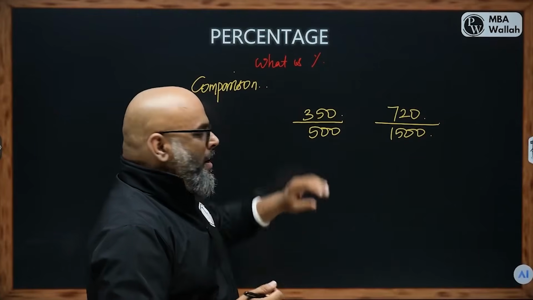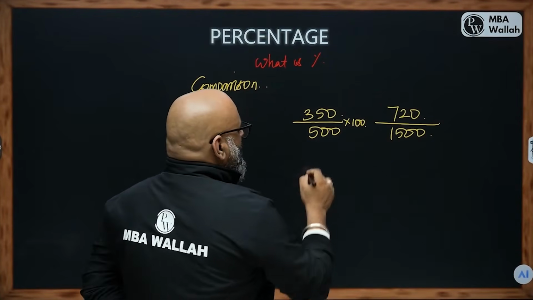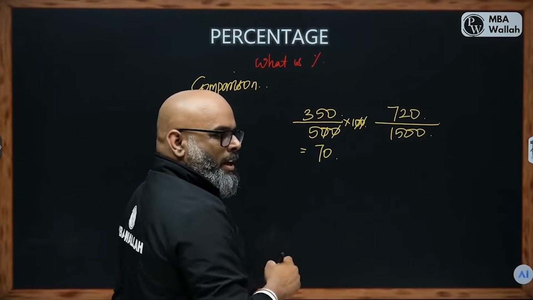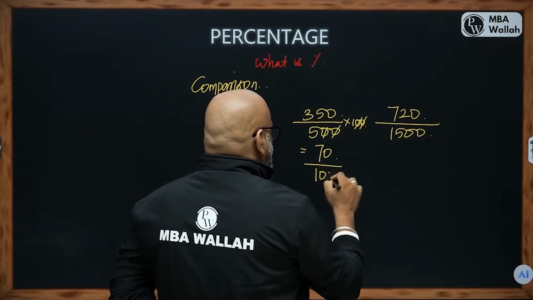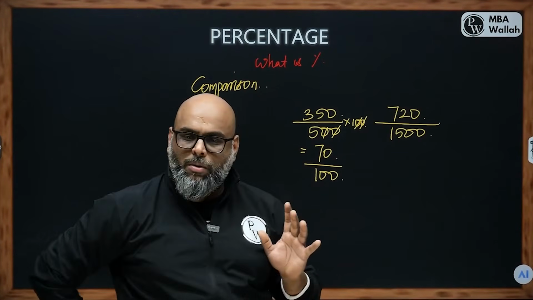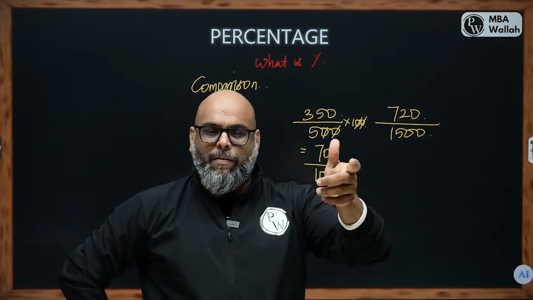So 350 by 500, all I want to do is multiply it by 100. Cancel out the zeros, you get 70 for every 100. You are taking that average for 100, that's all. So 350 out of 500 is nothing but 70 for every 100.